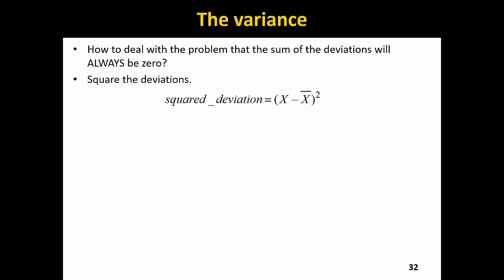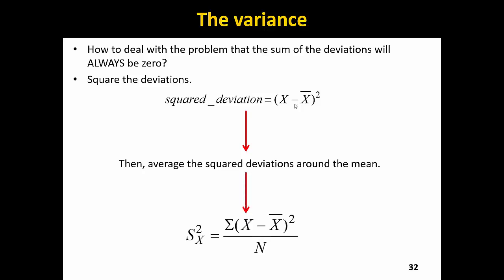So with each deviation term, for participant number 1, we have their raw score, subtract the average. We then square that value because if the deviation score comes up as a negative value, squaring it will eliminate that negative value.